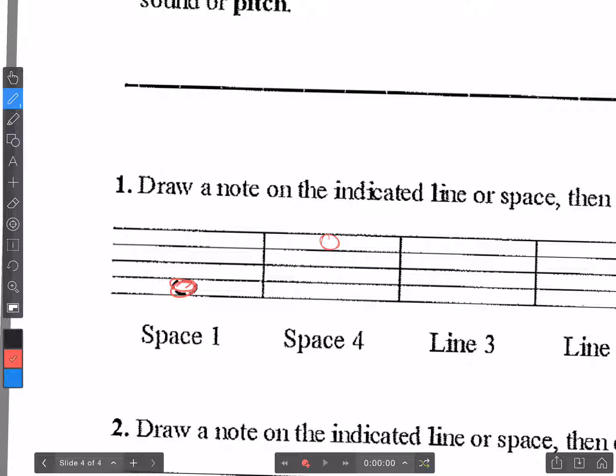right there, okay? Next question asks it for lines, line 3, so you count 1, 2, 3, and so I need to draw an oval, which is called a note head, right there. That's all that is. Okay.